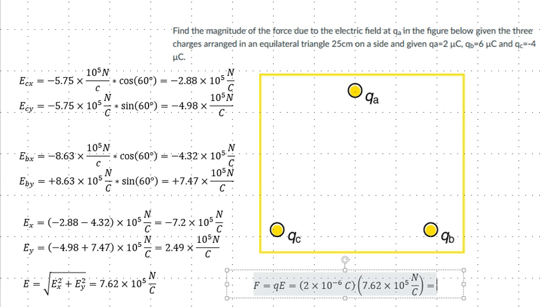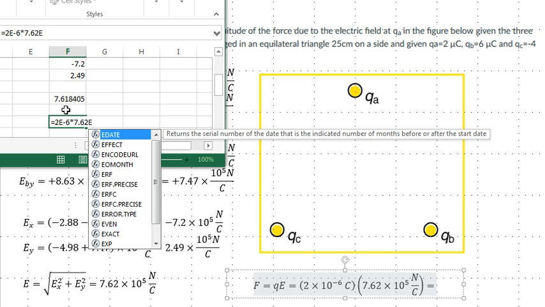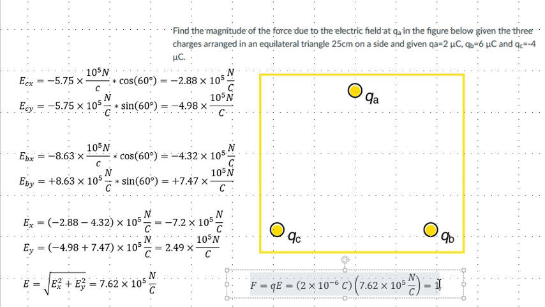Okay, so 2 times 10 to the minus 6 times 7.62 times 10 to the 5th is 1.52. At the end of the day, the units are newtons.